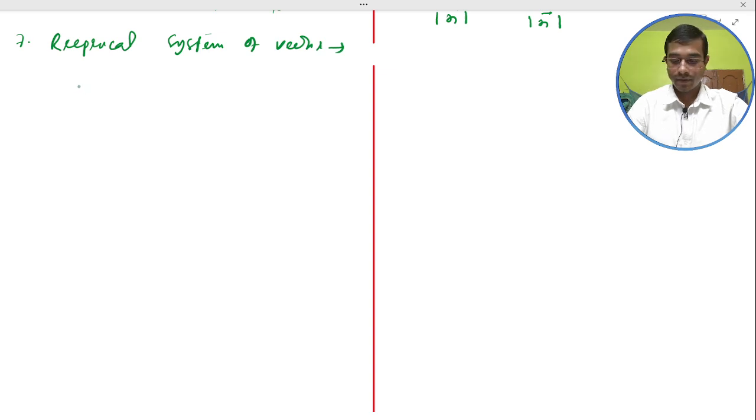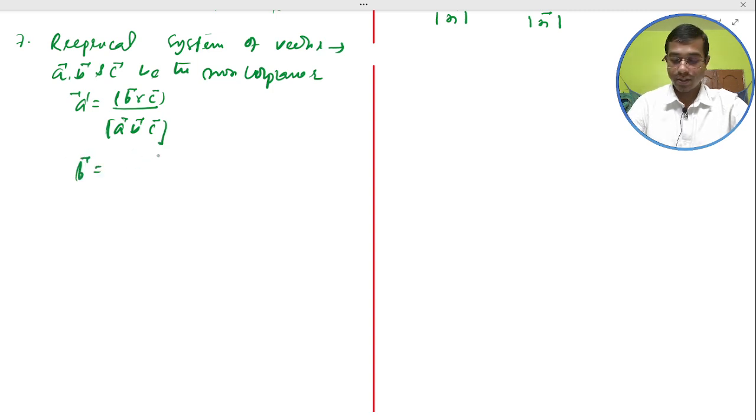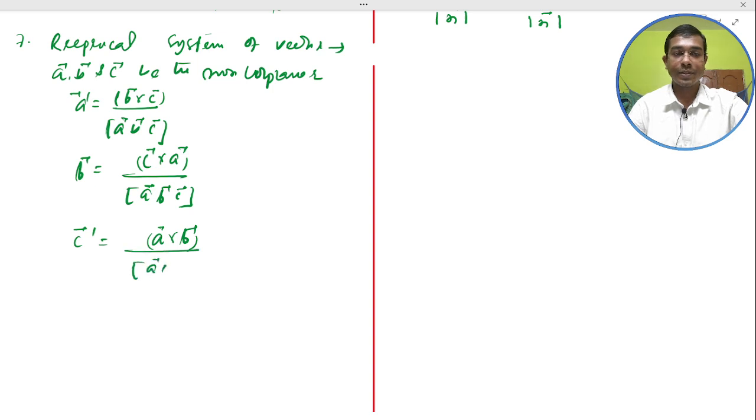Suppose A, B and C are non-coplanar vectors, then A prime, the reciprocal vector, is nothing but B cross C divided by box of ABC, and B prime is C cross A divided by box of ABC, and C prime is A cross B divided by box of ABC.